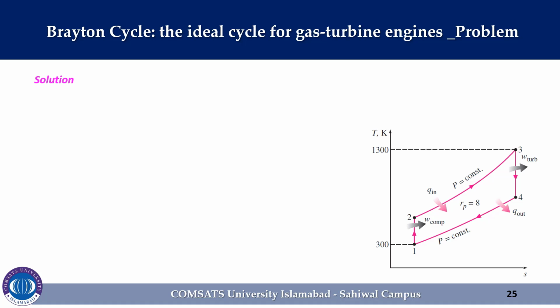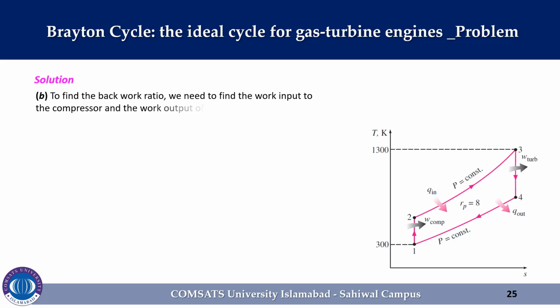In part B, we have to find out the back work ratio. For this, we need to find the work input to the compressor and work output of the turbine. As we know, we can express W in or W compressor as H2 minus H1. We know the values of H2 and H1. So after some simplifications, the value of W compressor will be 244.16 kilojoule per kg.